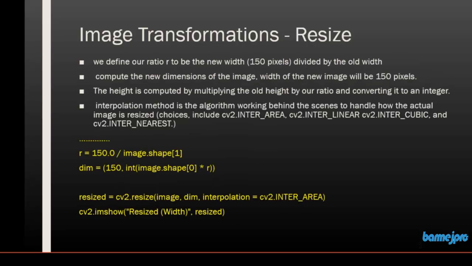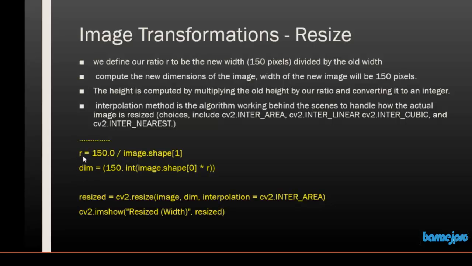In order to implement this using OpenCV, we need to calculate the ratio first. We divide the new width, which we define as 150, by the old width of the image. Here it's 150 divided by image.shape[1], which returns the width of the previous image. We now have the R value, and we use it to get the new dimensions of the image.